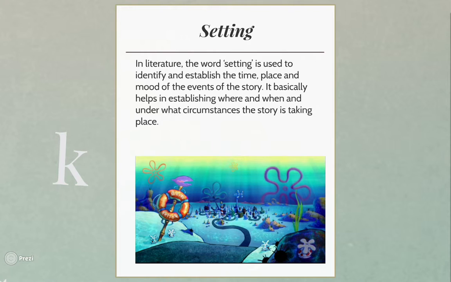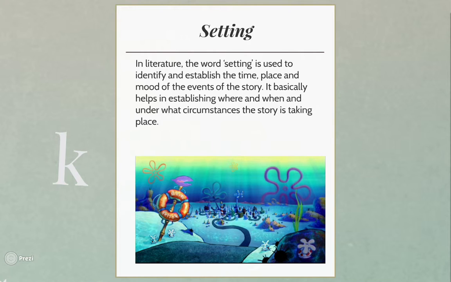So in the show SpongeBob SquarePants, the setting of the show always is in Bikini Bottom. Bikini Bottom is the city where the Krusty Krab is and the pineapple house is for SpongeBob, and everything that's going on in this story is all taking place in the setting of Bikini Bottom.